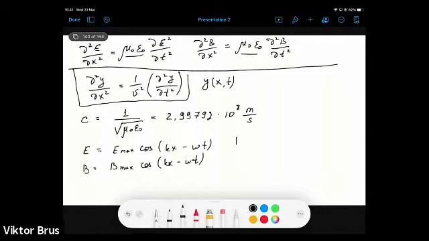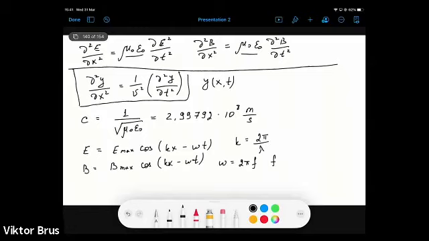Here k is equal to 2 pi divided by lambda, the wave number, and lambda is the wavelength. Omega is the angular frequency, 2 pi times f, where f is the wave frequency.